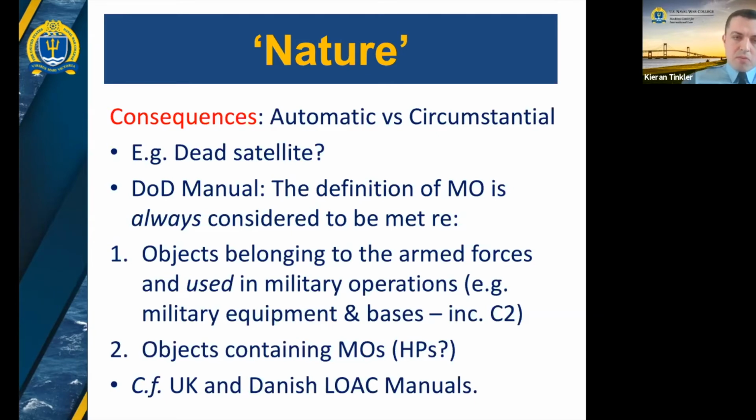So we'll get into some of that in the next few slides. Interestingly, in terms of objects containing military objectives, certainly if you had a factory that was containing or a place of assembly of military satellites, I would consider that a military objective.